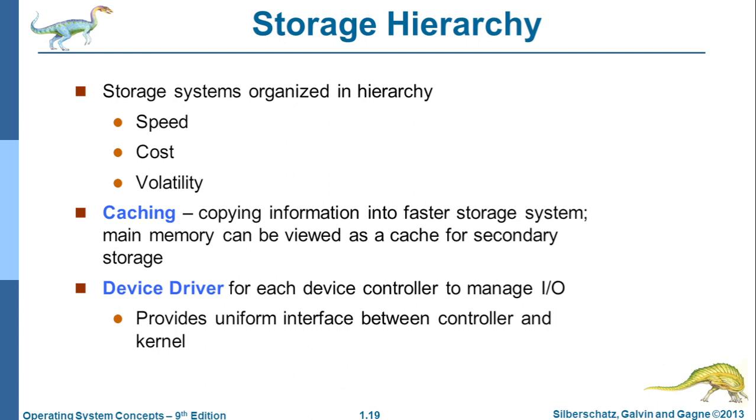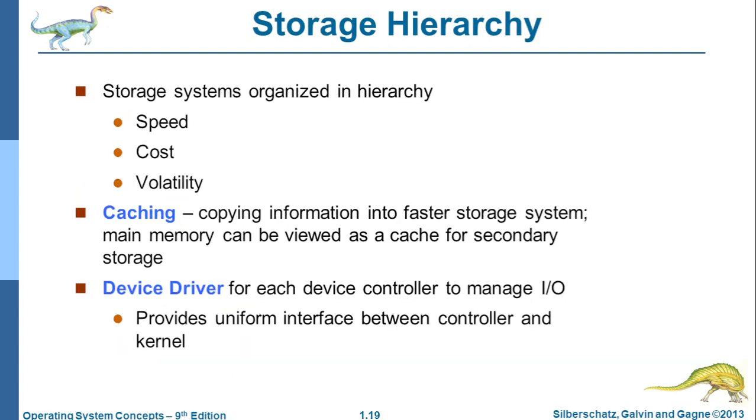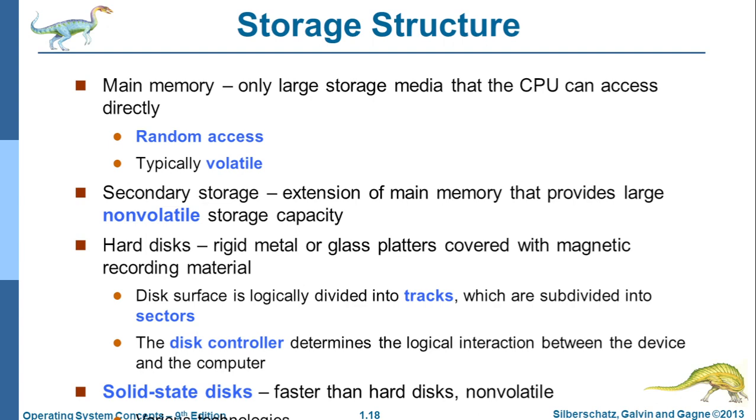So speed, cost, and volatility are the main properties of the storage. Speed of the main memory is much higher than the speed of the secondary memory. Cost is also higher for main memory. Volatility means we can change, right?